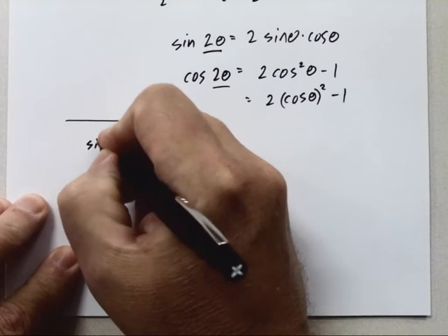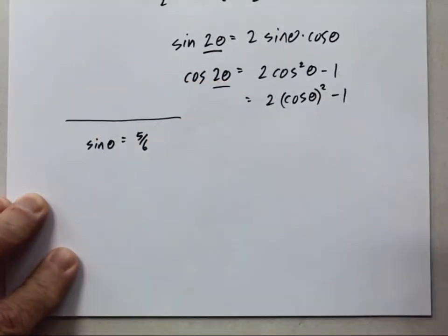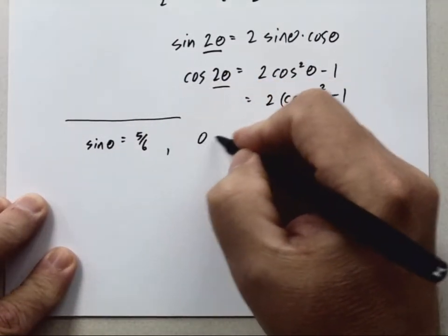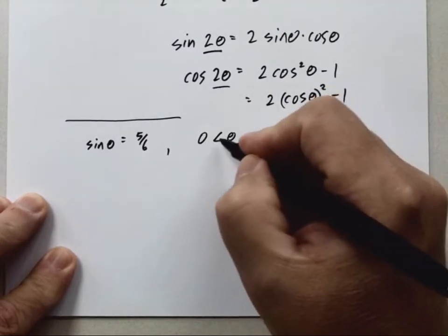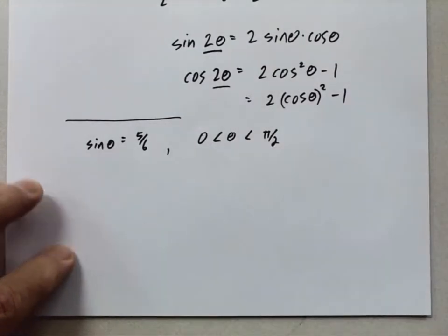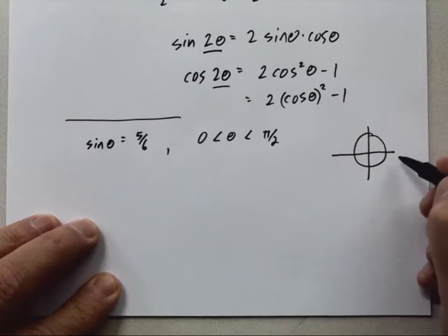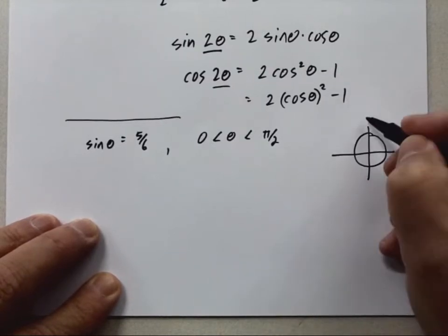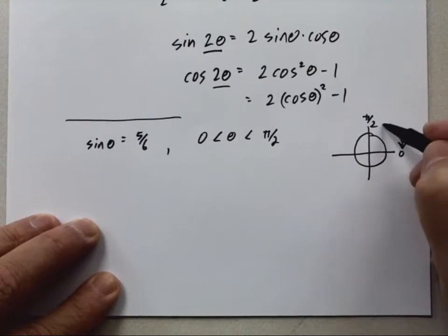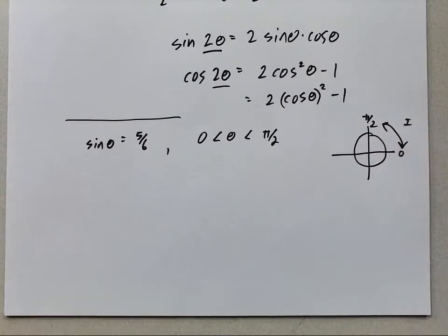So they gave us a trig function, sine of theta equals 5/6. Then they told us this angle theta is between 0 and pi over 2. So if you think about the unit circle, angle 0 is right here, pi over 2 is here, so our angle theta is in quadrant 1.